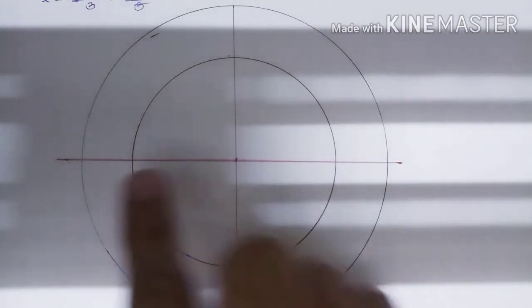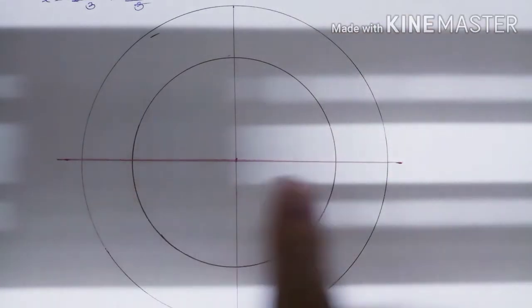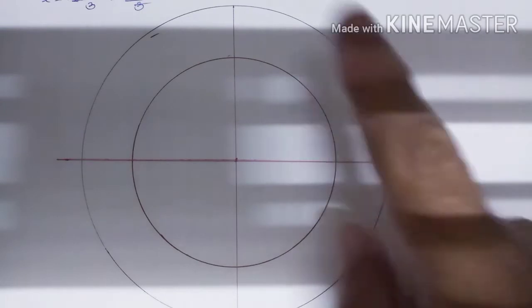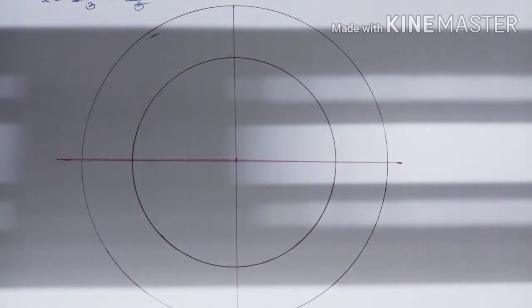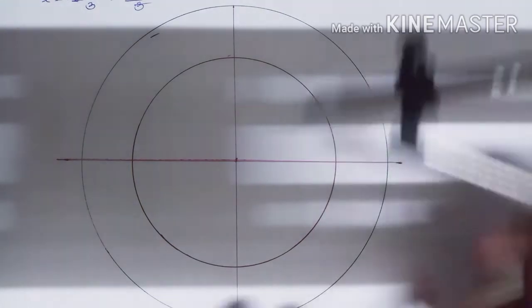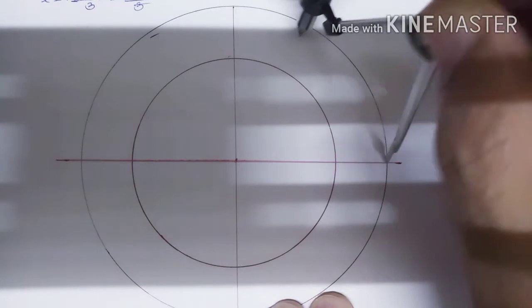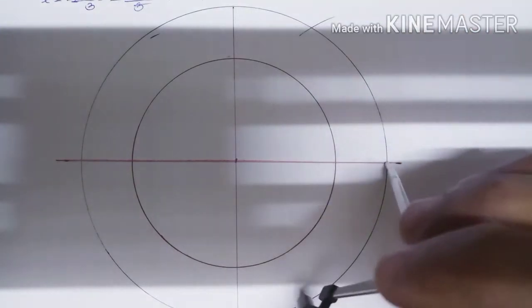After drawing the concentric circles, draw the horizontal line and the vertical line, perpendicular to each other. Then with the same radius, which is taken as 67.5, this point as center, strike the arc here.